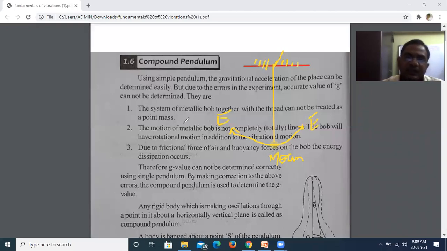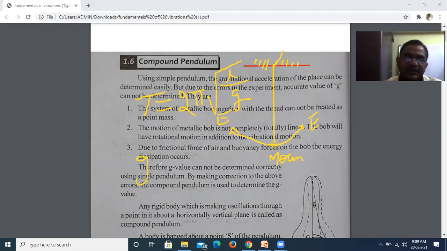There we use the formula to find the acceleration due to gravity. What is the time period of a simple pendulum? It is 2 pi root of L by g. Squaring both sides, T squared equals 4 pi squared L by g.